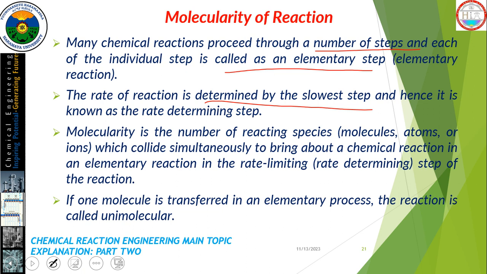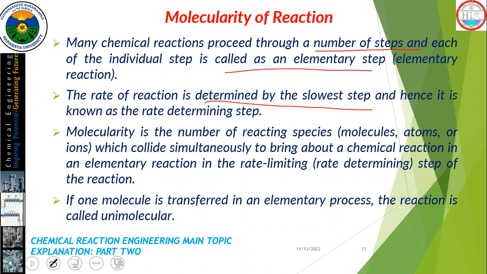The molecularity of this reaction is bimolecular, because one molecule of A is reacting with one molecule of B. This is considered as the collision of two molecules, one from A and one from B, in order to bring about the chemical reaction. So in this case, we can determine the rate limiting or rate determining step, the slowest step of the reaction.